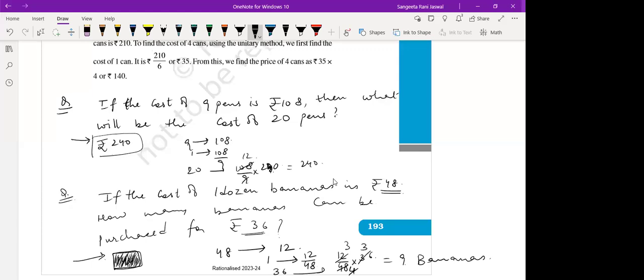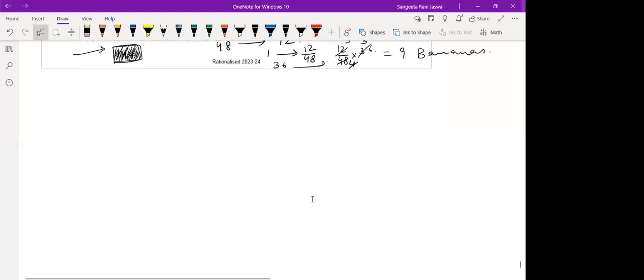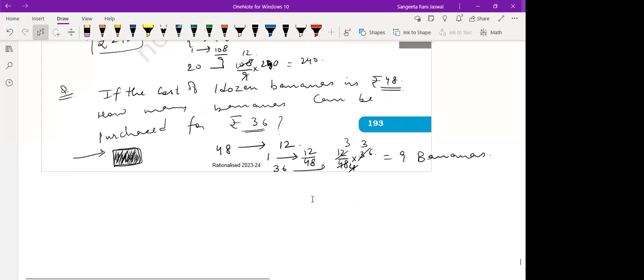Okay, let's take one last question. Please take down this. A man earns rupees 4,500 in 18 days.